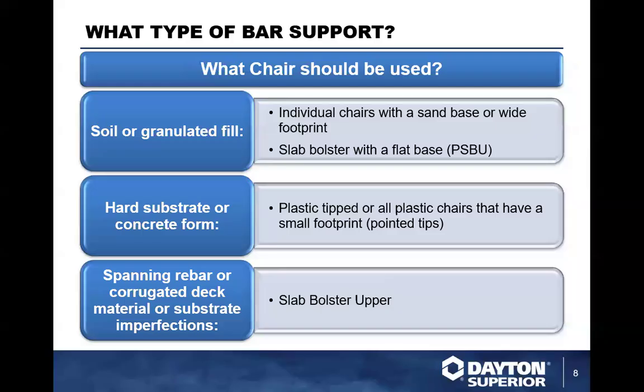Now these plastic tips are actually going to help alleviate any problem of having any steel components of the bar support being on the surface of the concrete, which means if that happens, it can rust. So those plastic tips actually help alleviate any rust problems that may arise.